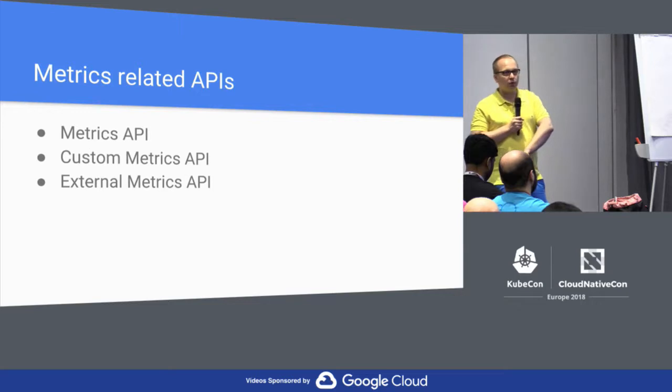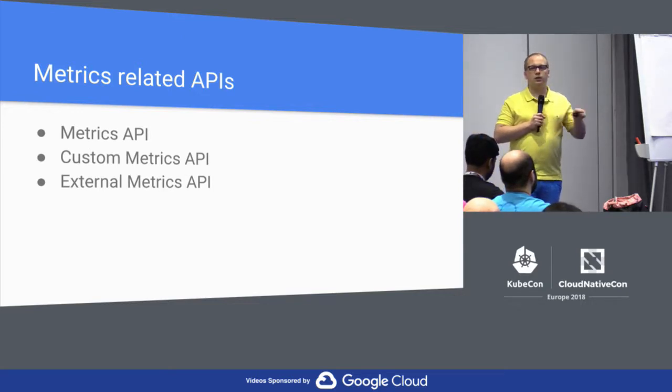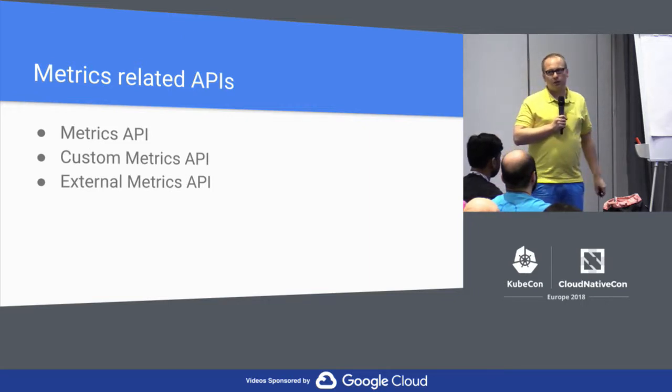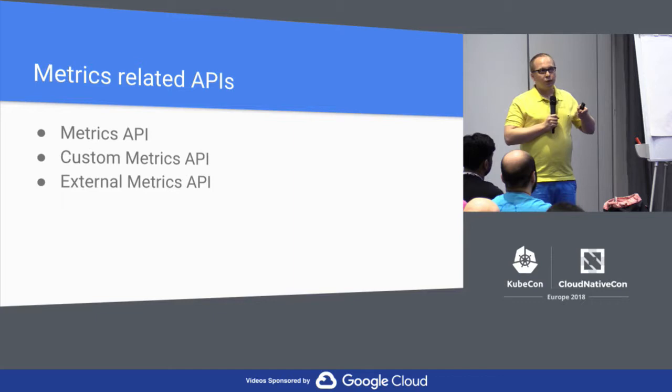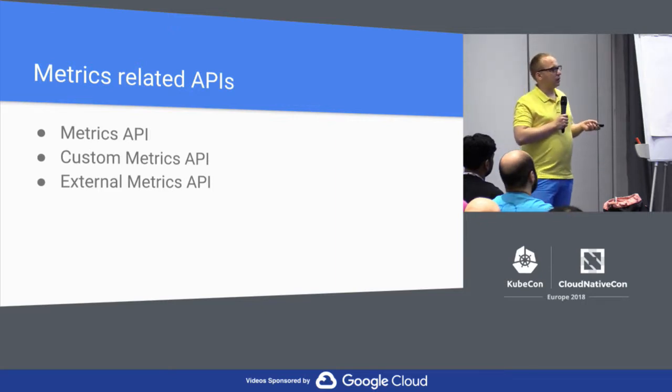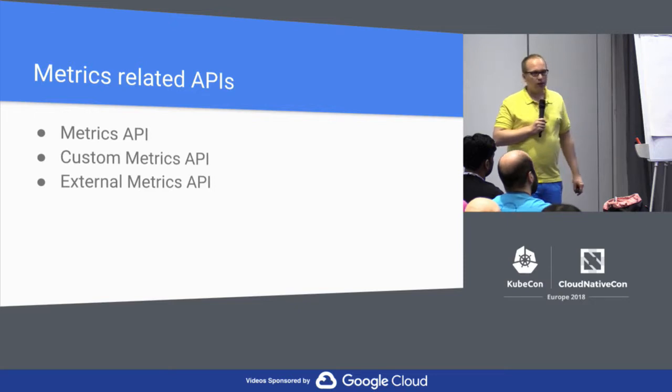And if you want to go outside of the Kubernetes world, this means that you need a metric that is not exactly related to any Kubernetes object. For example, you have some external system and you want to use those metrics in order to scale workloads in Kubernetes, or you want them in any different way. There is this external metrics API.